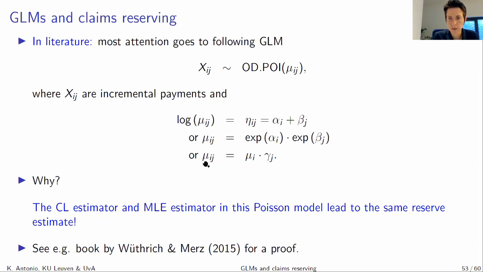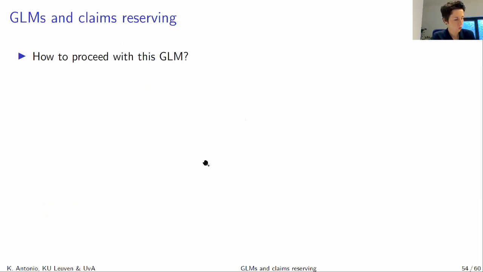So let's take a look at that. Let's see how to proceed with this GLM in order to come up with eventually a predictive distribution of the outstanding reserve. So what we're going to do is the following.